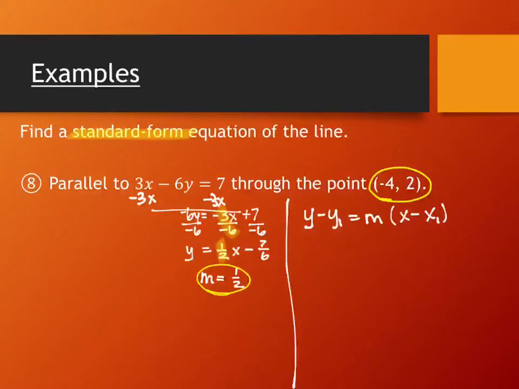My m value is 1/2. My x value is the negative 4, so I have x minus negative 4. If you can jump to just x plus 4 because you see it, that's fine. On the other side, I have y minus the y value, which is 2.